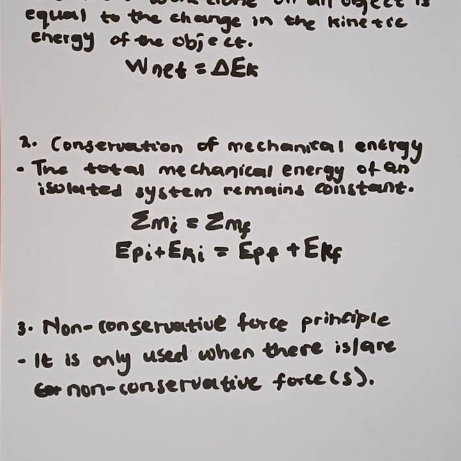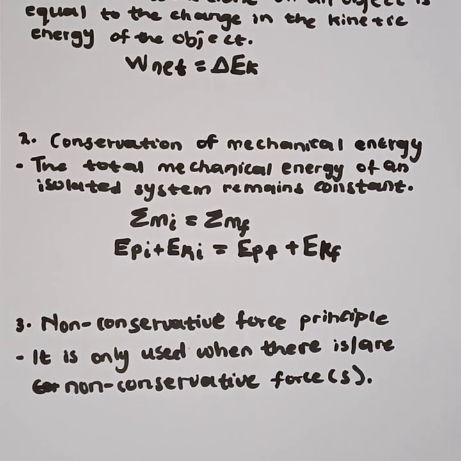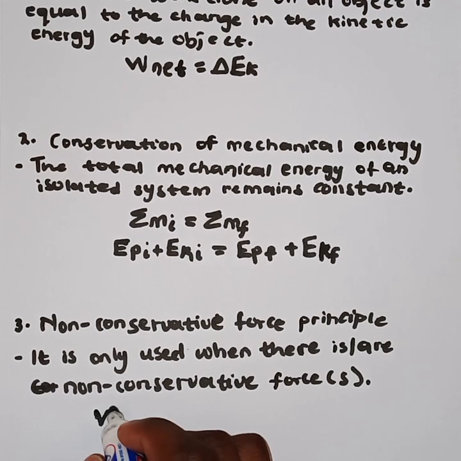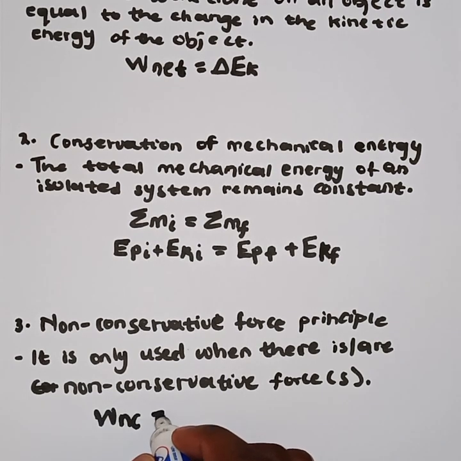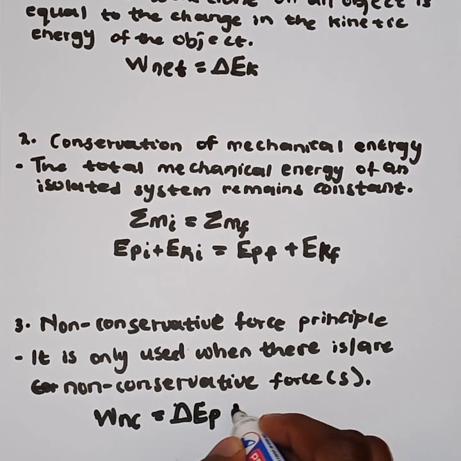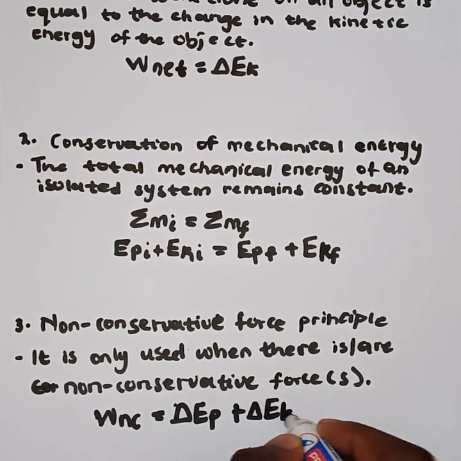The third one is the non-conservative force principle. It is only used when there is a non-conservative force or forces. That's when you are to use this one, which can be represented by: work done by non-conservative forces is equal to change in EP plus change in EK.